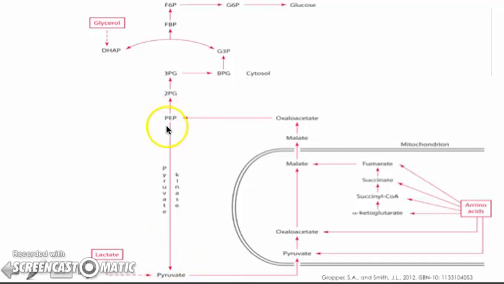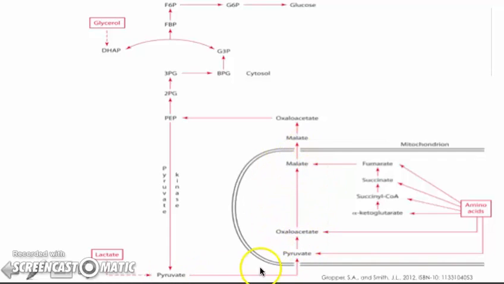Here we see phosphoenolpyruvate to pyruvate, catalyzed by pyruvate kinase, and here are the series of steps involved in bypassing pyruvate kinase. We see involvement in the cytosol and also in the mitochondria.